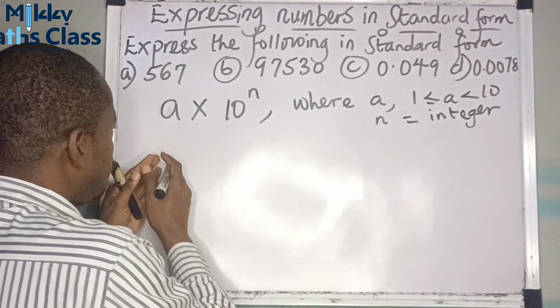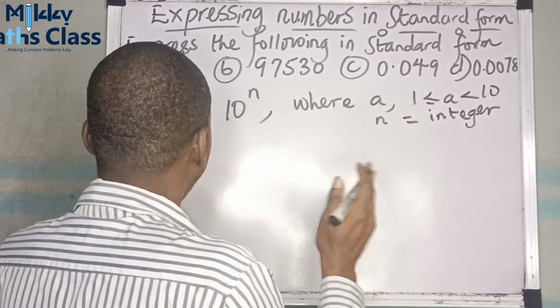So the value of a ranges from 1 but less than 10, between 1 and 10.